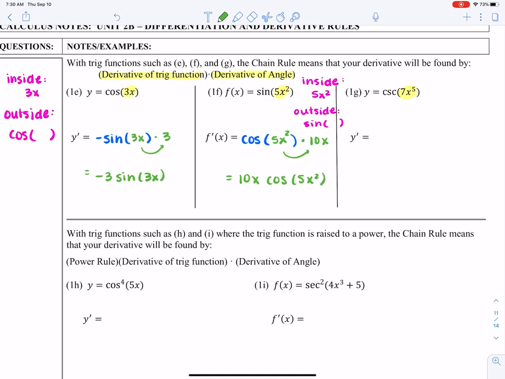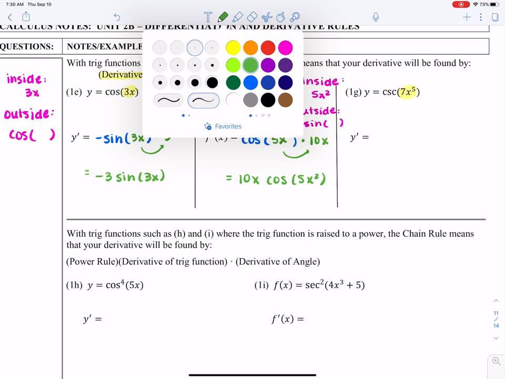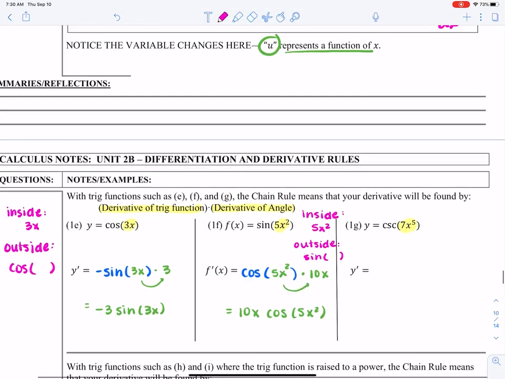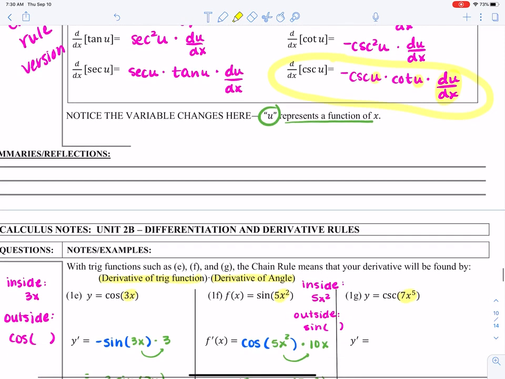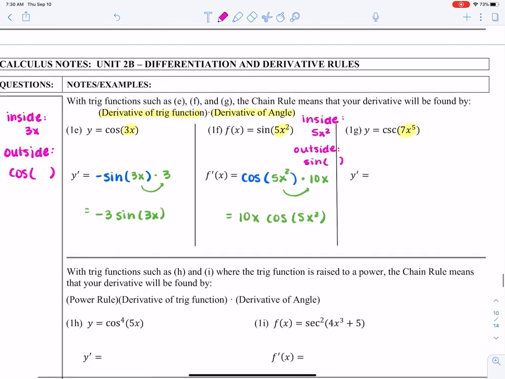The next one is a little bit spicier, and I like this example because I think it's important for us to remember the rules of cosecant. So let's go back up and let's remind ourselves that the derivative of cosecant is negative cosecant u cotangent u. So we're going to have two things that get churned out right here, but only one du dx. So my inside function is going to be 7x to the 5th.